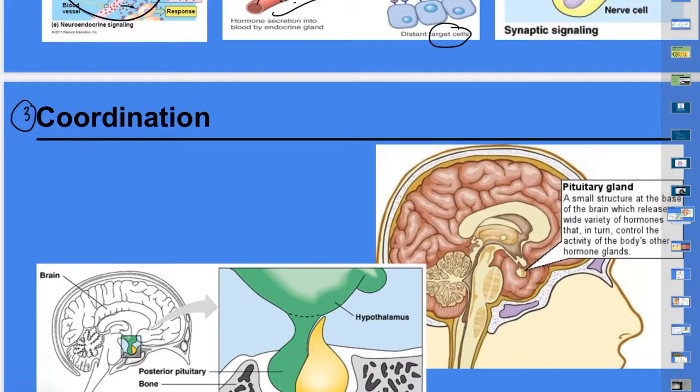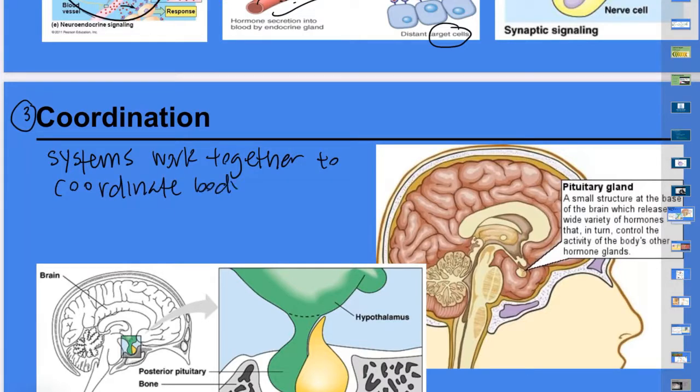Okay, now I'm going to compare and contrast the endocrine and the nervous system. We're going to talk about the nervous system next class, but today the subject of conversation is the endocrine system. But you should know that both systems work together to coordinate all body systems.